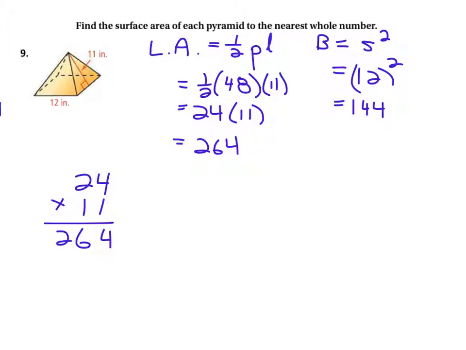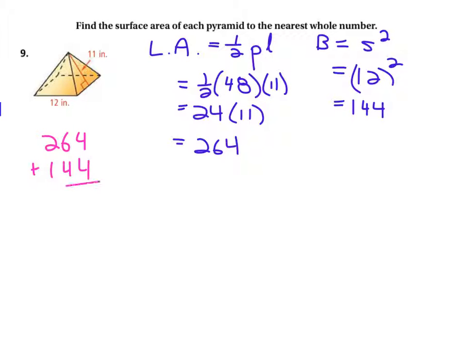And we get 144. So when we add together the 264 and the 144, we get 408. And what are the units? The units are inches squared, because this is area, and anytime we're dealing with area, we're going to have square units.